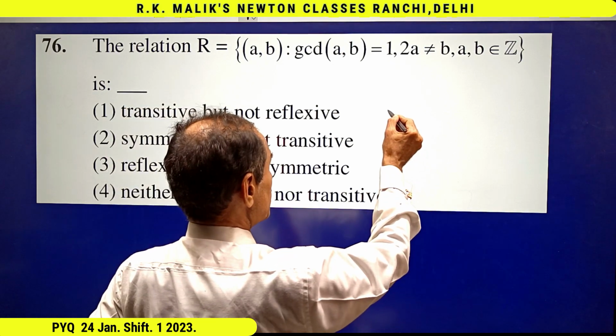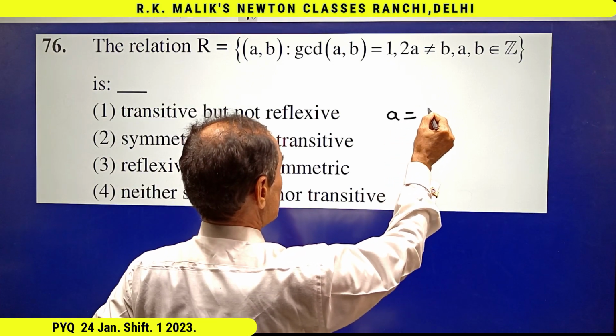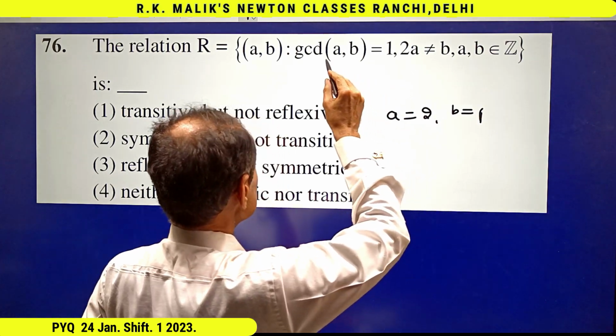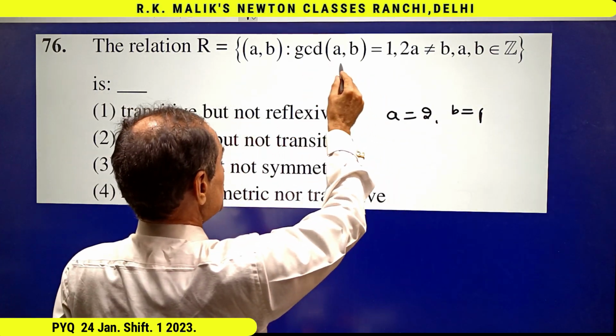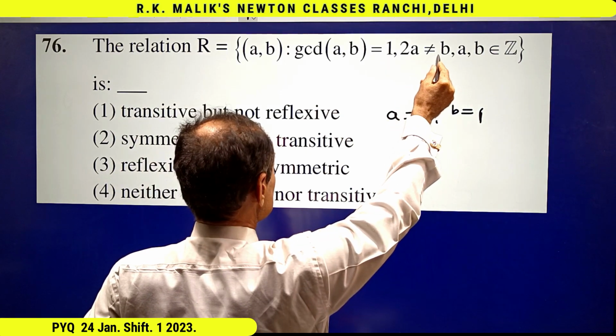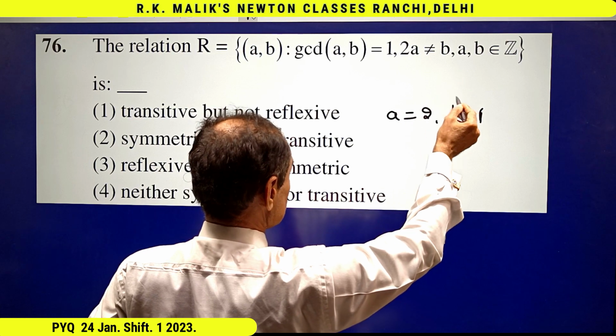Say if I take A equal to 2 and B equal to 1, in that case GCD of A and B will be 1 and 2A not equal to B is also satisfied.